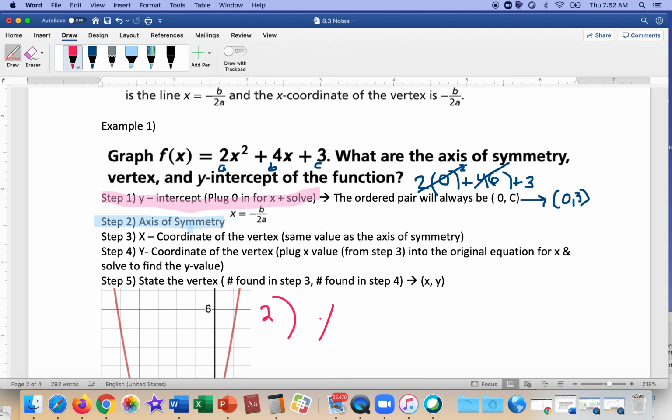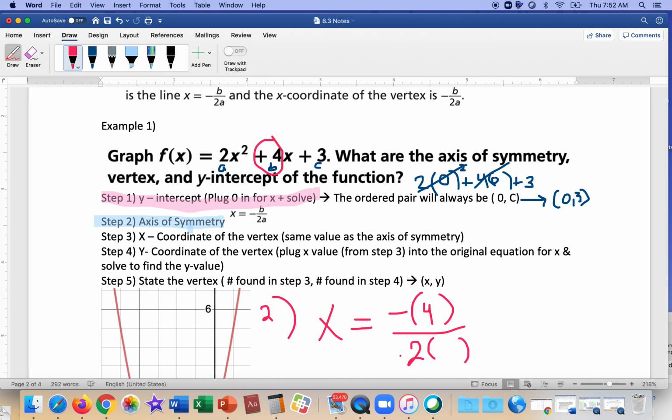x equals negative b over 2, whatever a is. So if I look up here, if it's negative b in the b slot, b is positive 4, right? So I'm going to plug in positive 4 for the b.